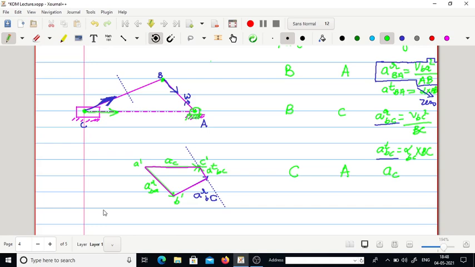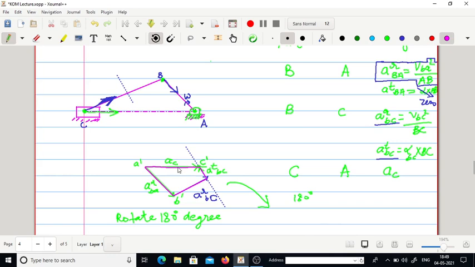It does not matter whether we rotate it in the anti-clockwise direction or in the clockwise direction. So we have to rotate this diagram by 180 degrees. To rotate it by 180 degrees, let me draw the new acceleration diagram here.